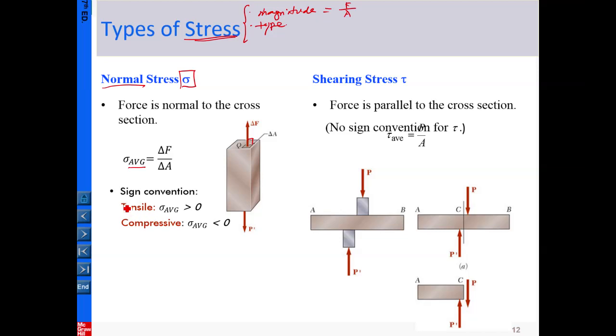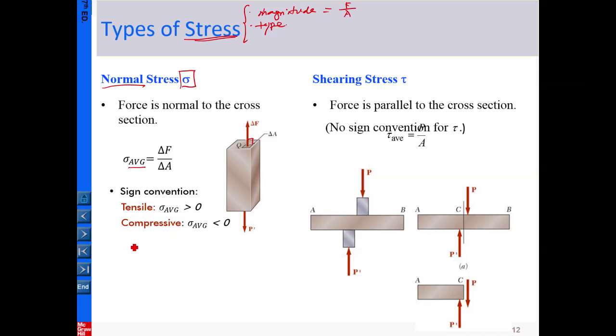And for tensile stress, we define it as this. For these illustrations, tensile means the force applied has the tendency to stretch the material. For that case, we call it tensile stress. On the other side, if we reverse the direction of the loading to compress this material, then the corresponding calculated stress is called compressive.